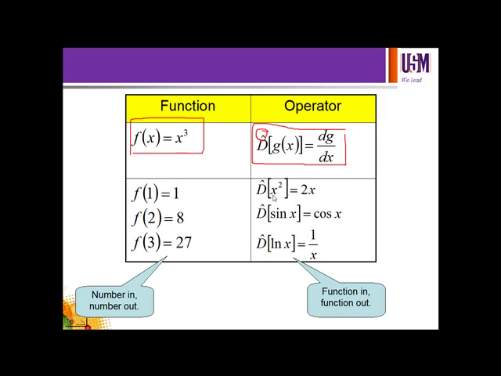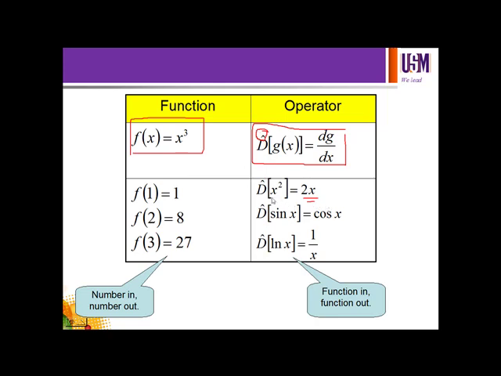Okay, so if g(x) equals x squared, you put it inside the square bracket here, then the operation will be dg per dx. So when you differentiate x squared, what you get is 2x.